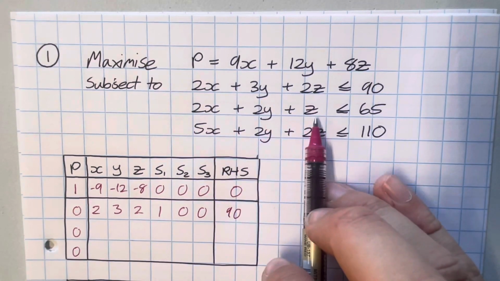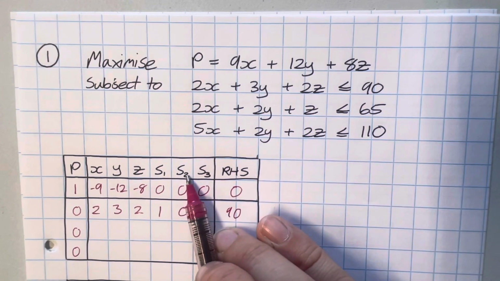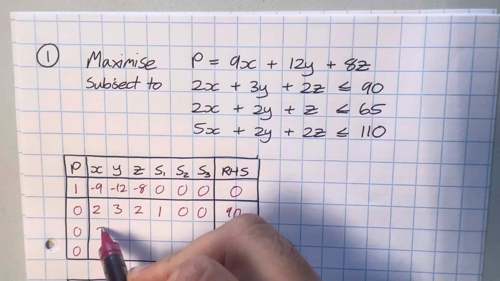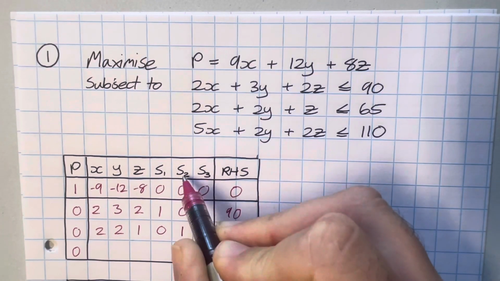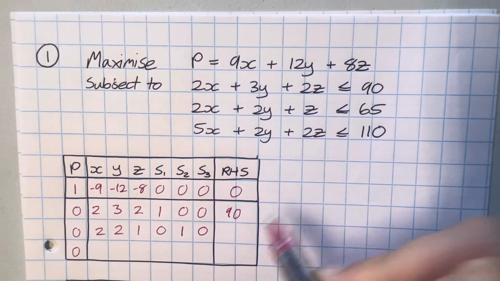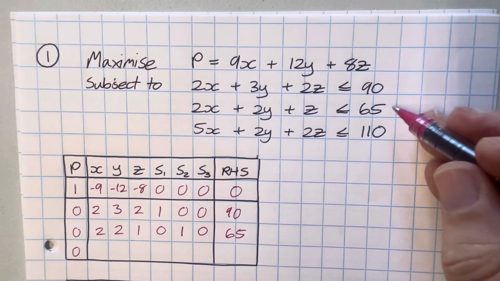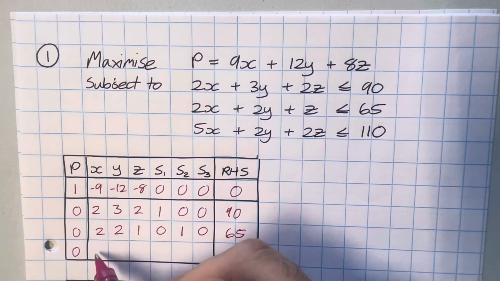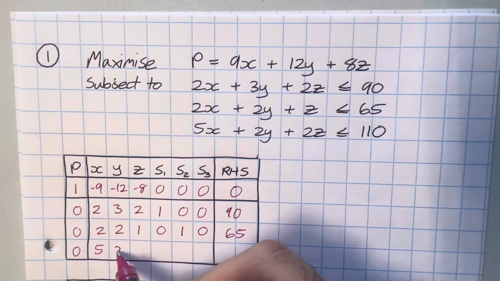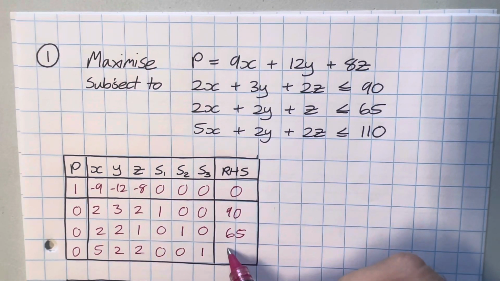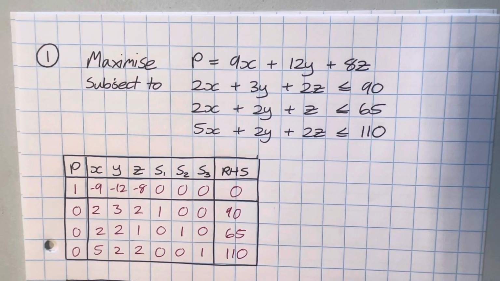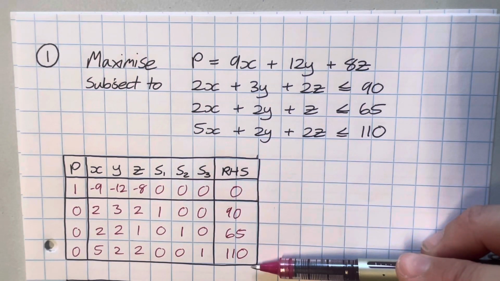Okay, same thing here. So I'm going to introduce a second slack. So let's call it S2. So it's 2x plus 2y plus a z plus a different slack variable is 65. And then finally we need a third slack variable for our bottom constraint. So it's 5x's plus 2y's plus 2z's plus a third slack variable is 110. So that's our initial tableau.